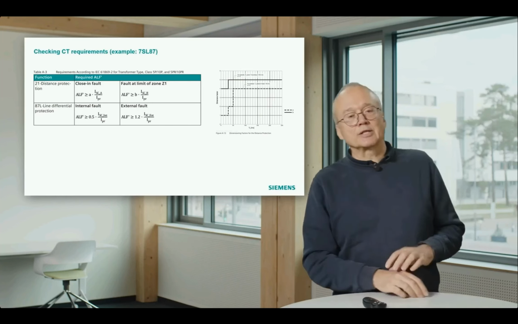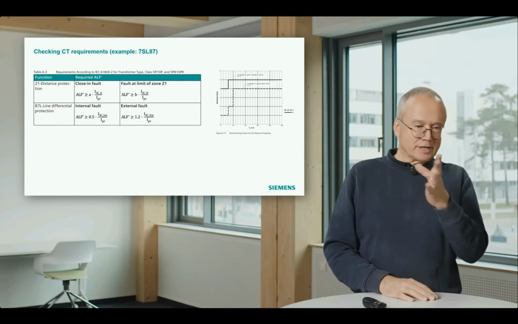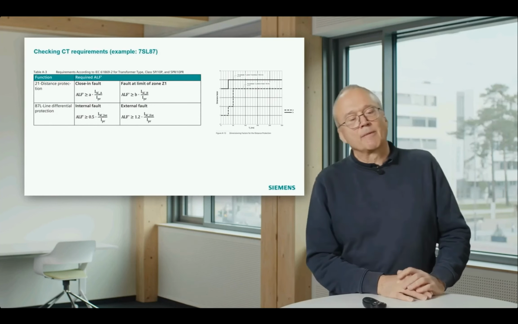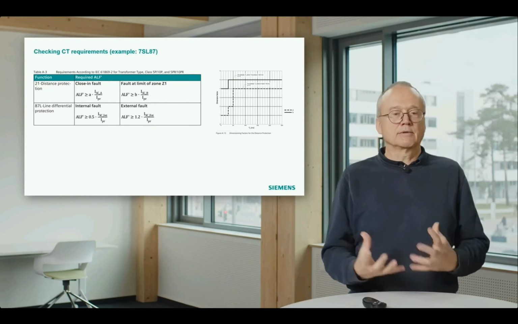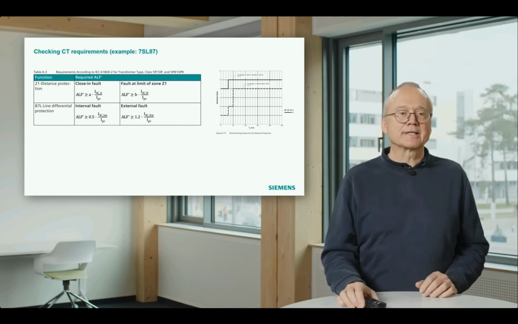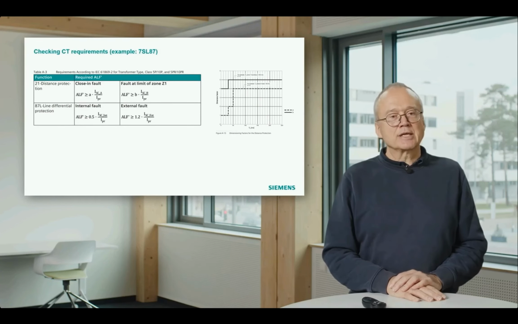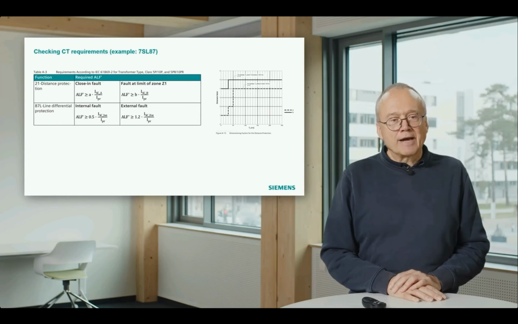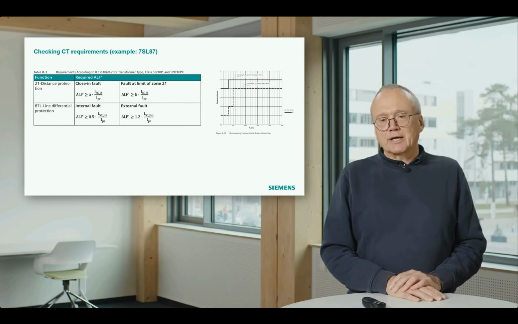I will do the calculation now only for the distance protection. You see the equations are pretty much similar, so there are no other ways of calculation. What you also see in these equations for the distance protection are factors A and B, and these factors have to be taken from the diagram, which is shown right of the table.